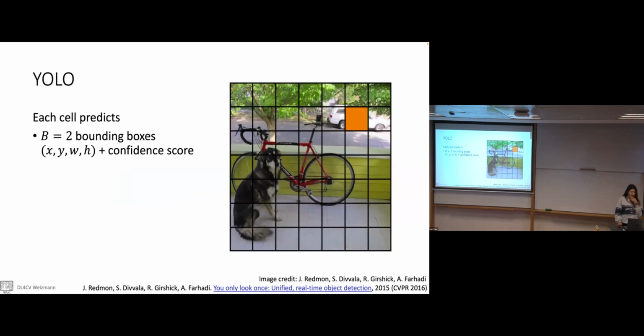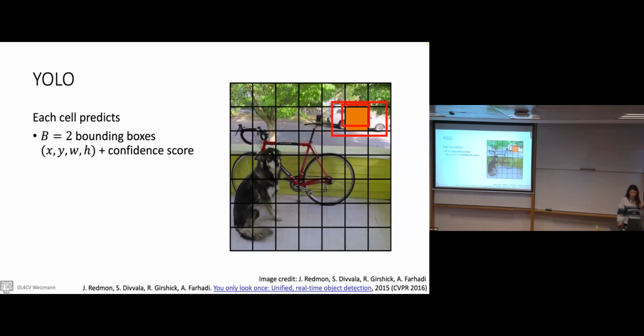As I said, first we're going to predict for each cell 2 options for bounding boxes. By bounding box I mean the location of the center, x and y, and the width and the height of the bounding box. We're also going to predict a confidence score, which is the confidence that we have an object in this bounding box. So we have x, y, w, h plus confidence for each bounding box.